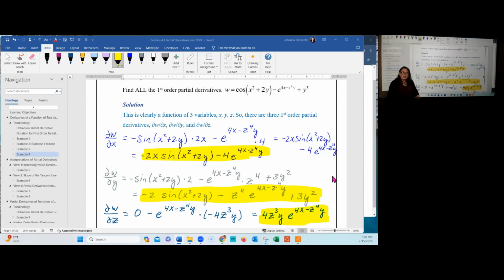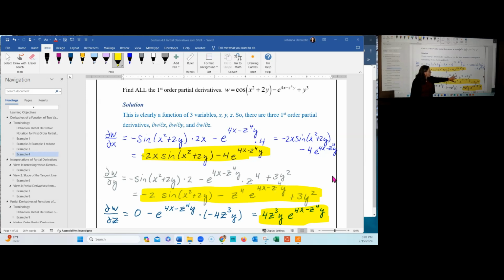When we take the partial with respect to y, it considers x and z to be constants, but allows the y to be the variable. In this case, we still get negative sine of x squared plus 2y, but now we take the derivative of the inside with respect to y only. That's going to give me a 2 added onto that factor.